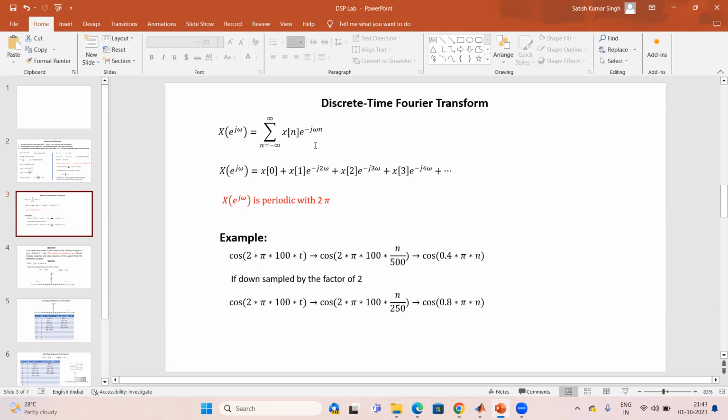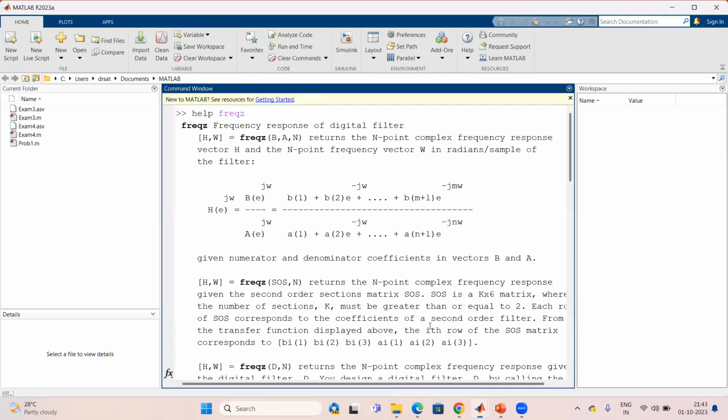So once we do this discretization of the omega, this omega will be discretized in between 0 to pi, okay? So if you use this particular command freqz, here we are going to get a vector of omegas, right? So it will be like n number of omegas at which we are calculating this frequency response.